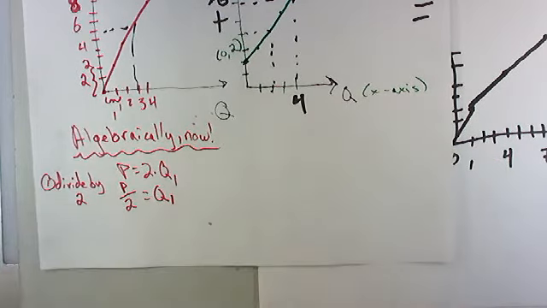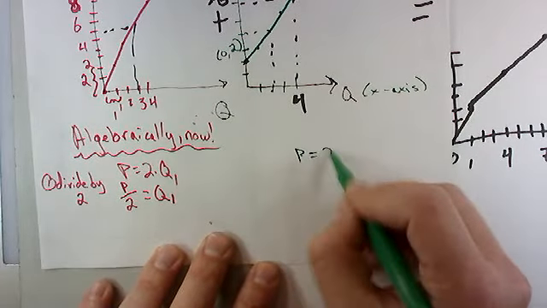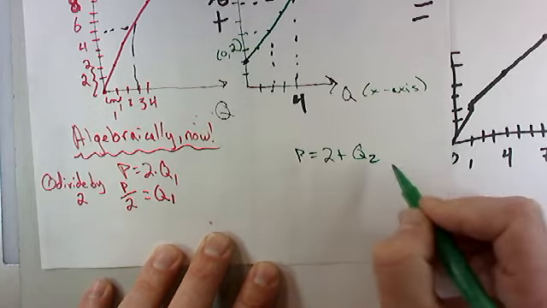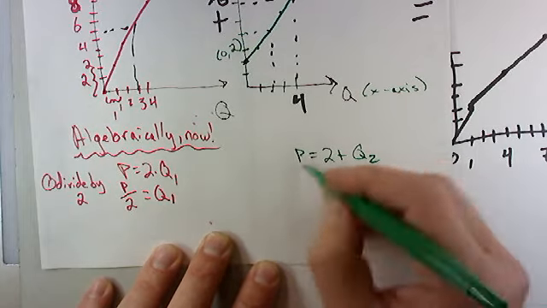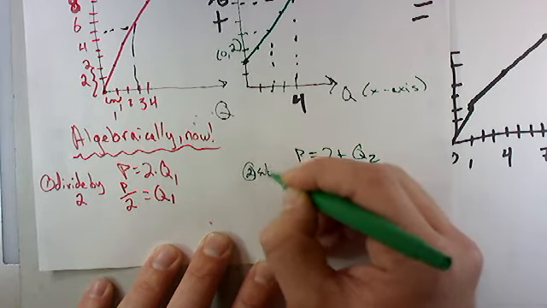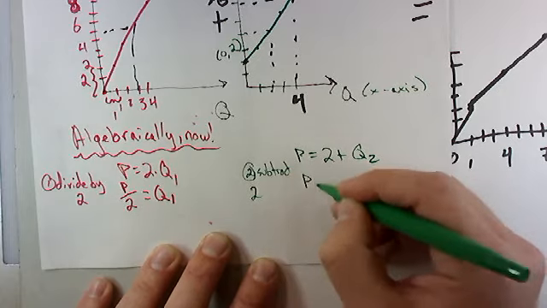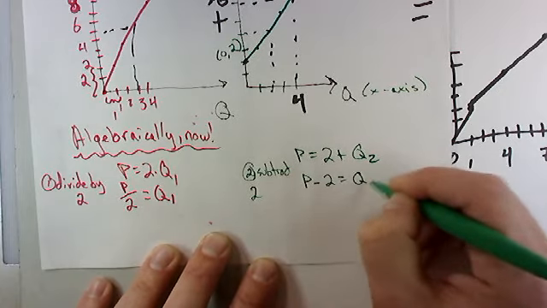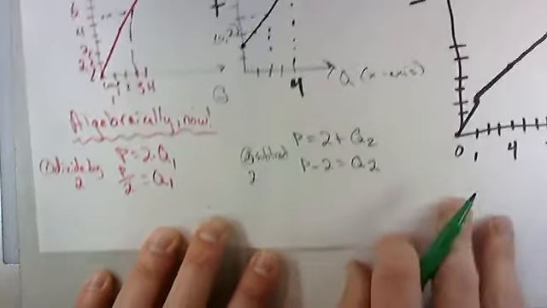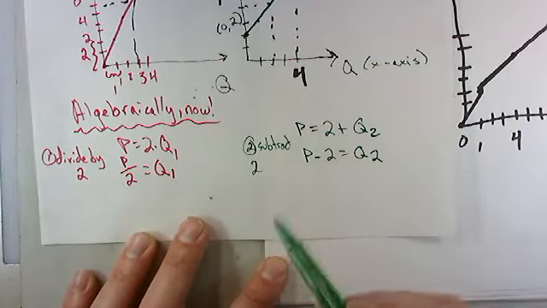And for our other equation, we've got P equals 2 plus Q2. We're going to subtract 2 from both sides, and that's going to be P minus 2 is equal to Q2. And the next thing we're going to do is add together the quantities.